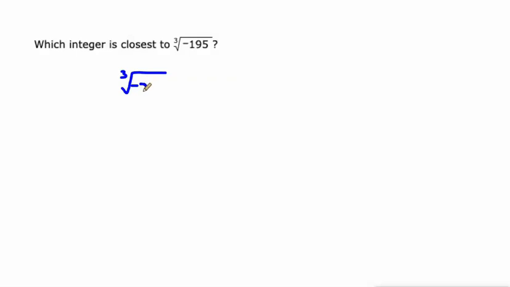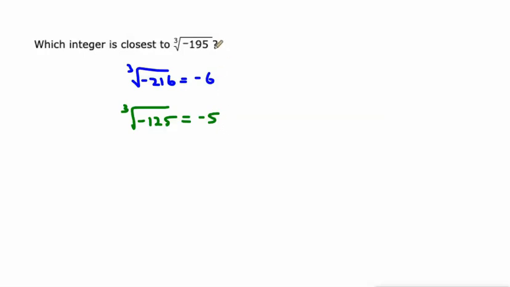The cube root of negative 216 is negative 6, and that's a little bit too big, but if I go smaller, the next one under that would be negative 125, which is negative 5. And isn't negative 195 closer to negative 216 than it is to negative 125? It sure is, so that's why we're going to say negative 6.